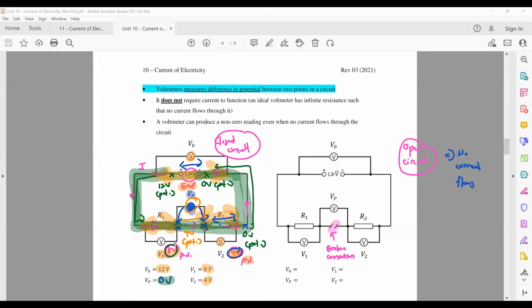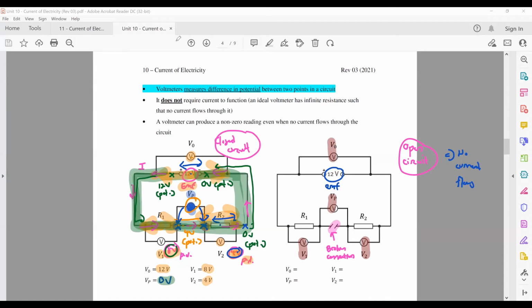So here, I know that I have an EMF of 12 volts. No current flows through here. Now, no current is flowing. What would be the readings for my voltmeters? Voltmeter V1, voltmeter V2, voltmeter VP, and also voltmeter V0.